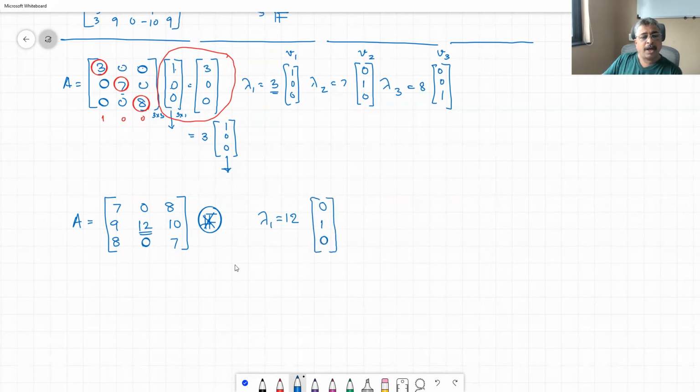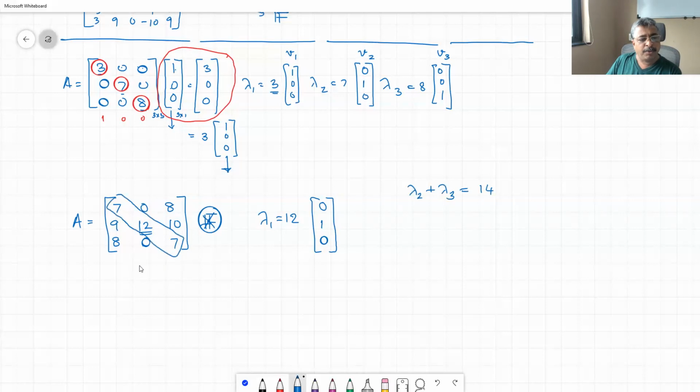Now we know for 3 by 3 there will be 3 eigenvalues if the matrix is good, out of which if you could find one, then the remaining two are not going to be that difficult. Basically, the trace of the matrix will give you sufficient hint. The sum is 14 plus 12, out of which 12 is gone. Therefore, lambda 2 plus lambda 3 is going to be equal to 14.